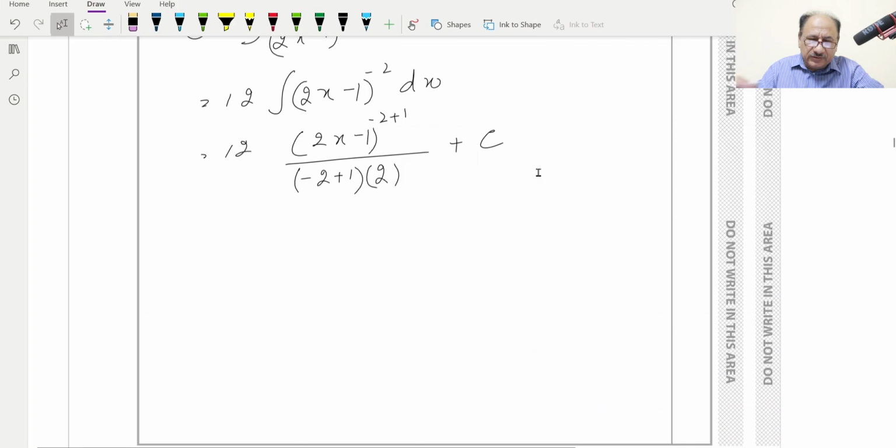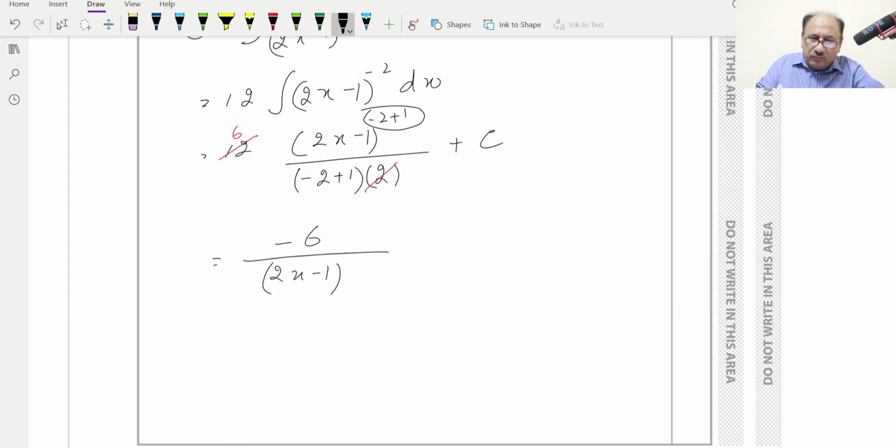This will be our step. Now we can simplify. This 2 will be cancelled with this, and we'll get 6 over here, and this will result in minus 1, so we write minus 6 over (2x minus 1) raised to the power 1, because the minus 1 exponent we shift to the denominator, plus the constant of integration c.